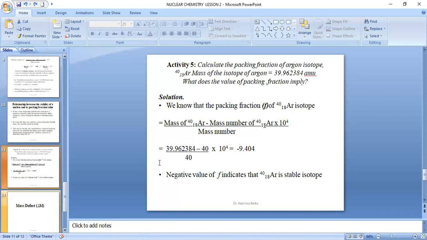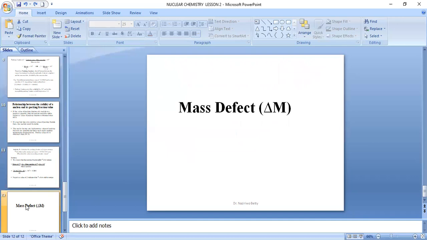So this is the same as (39.96238 minus the mass number, which is 40), times 10 to the power 4, over 40, and the answer is equal to negative 9.404. Remember, in the previous slides, we said when the packing fraction is negative, it means that the isotope is stable. So next time, we are going to look at mass defect.